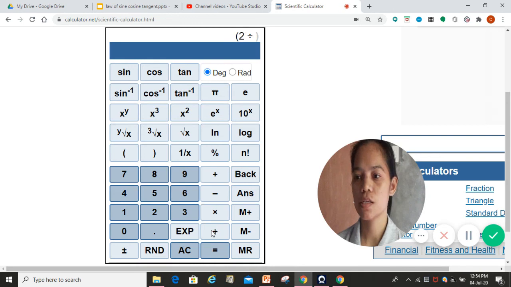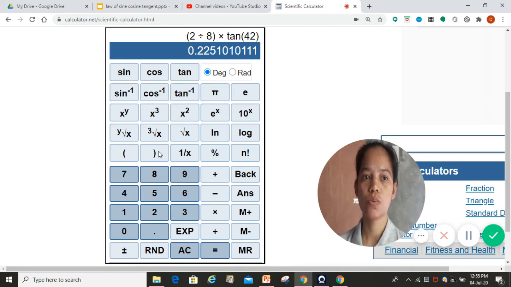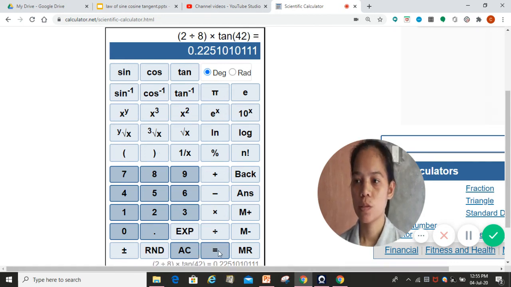Again, as I said a while ago, make sure that you are familiar with your calculator, especially if it is not that equipped with these advanced functions. Tangent 42.